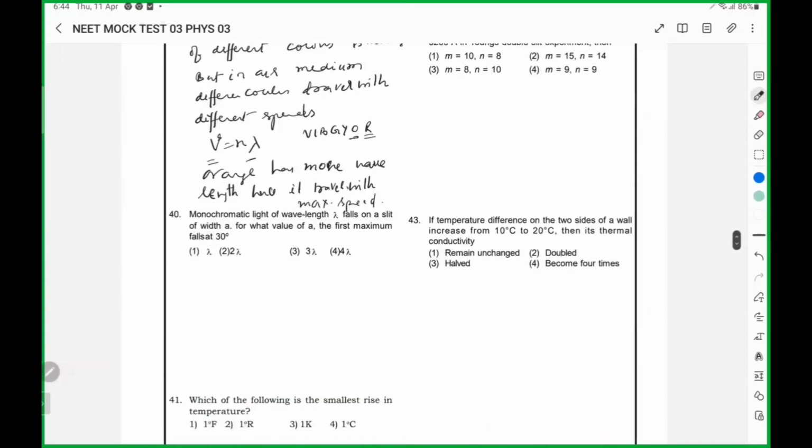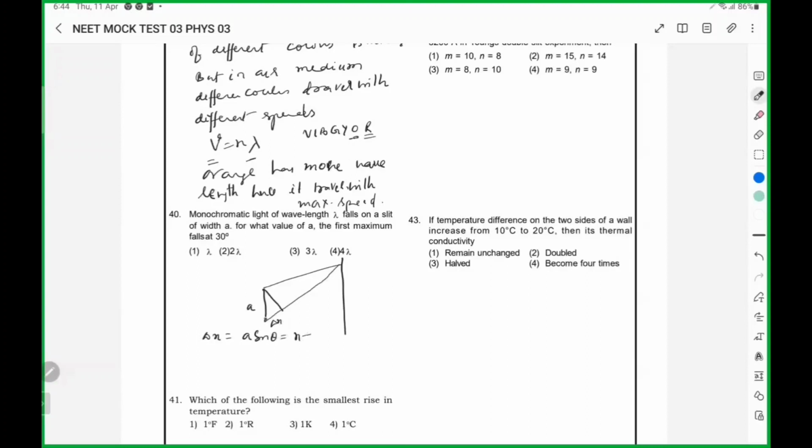Here, monochromatic light of wavelength lambda falls on a slit of width a. It's a diffraction process. So there is a screen somewhere. Path difference is this, delta x is a sine theta.